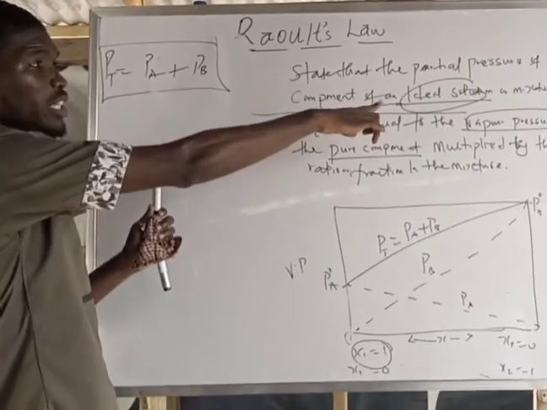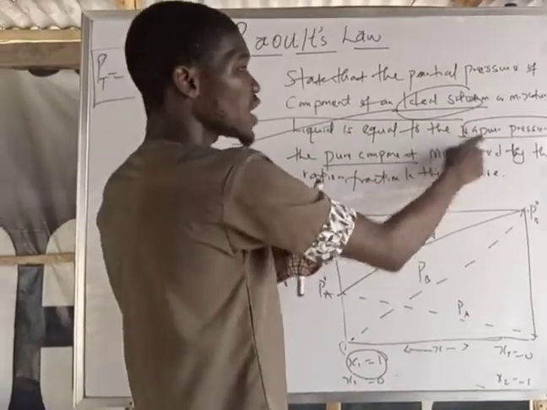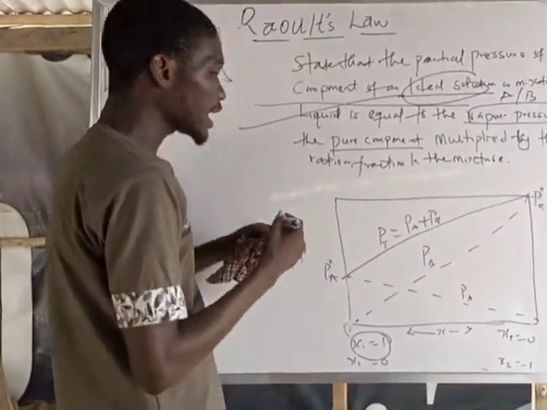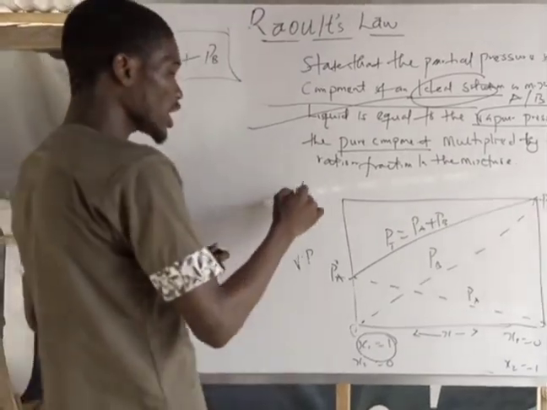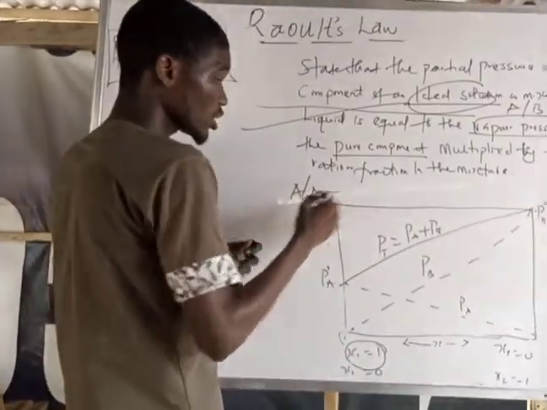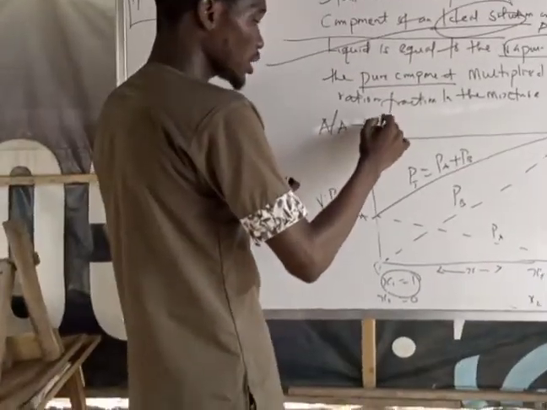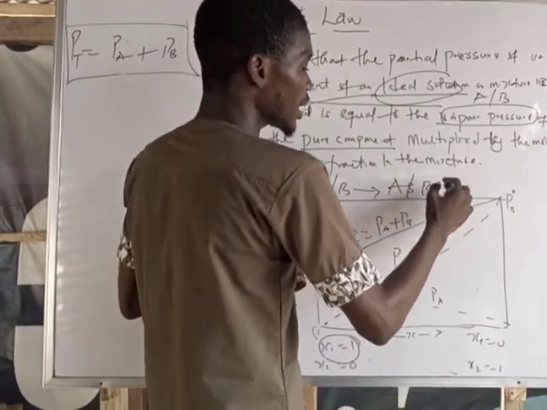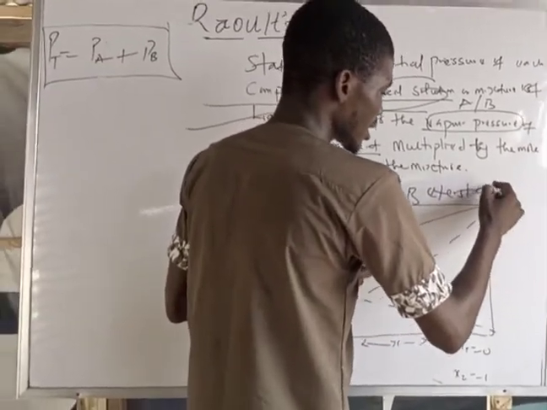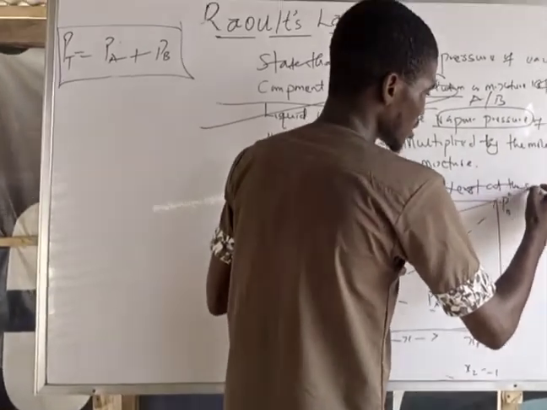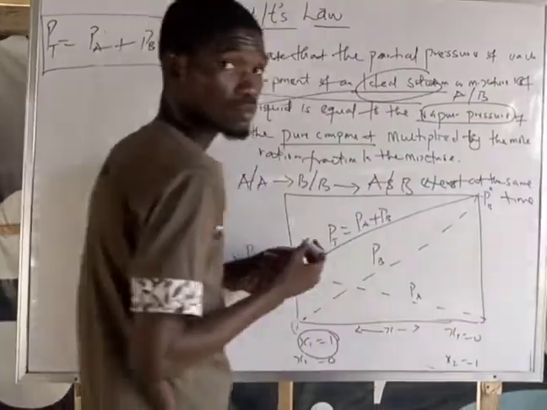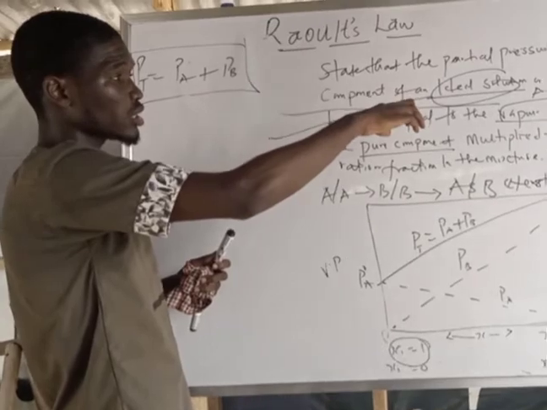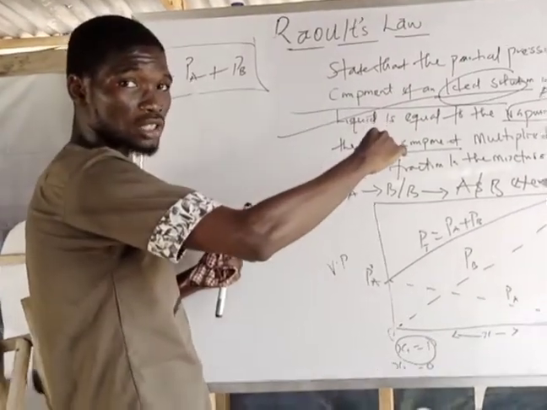Now if I want to relate this to the meaning of vapor pressure, where I use A and B in a container, it means that the intermolecular forces between A and A, B and B, and A and B are exerted at the same time. So the nature of the force in an ideal solution is that they move in uniformity. Are you with me now?